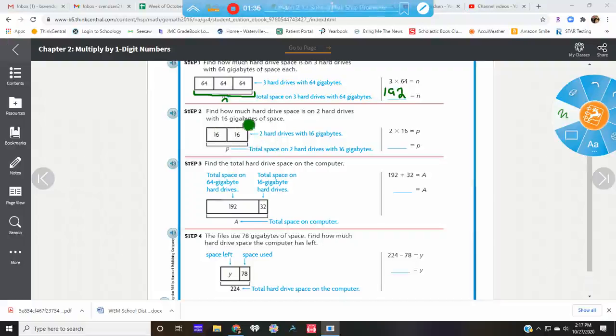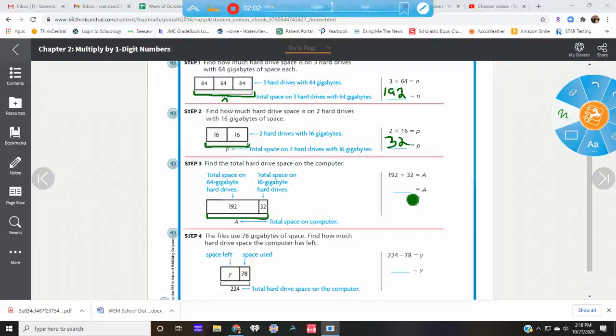Next, find out how much hard drive space is on the 2 hard drives with 16 gigs. So 16 and 16, if we add all that up, is our answer. 2 times 16 is 32. Now to find the total hard drive space on her computer, we take both of those numbers and add them together, because that gives us our total amount of space.